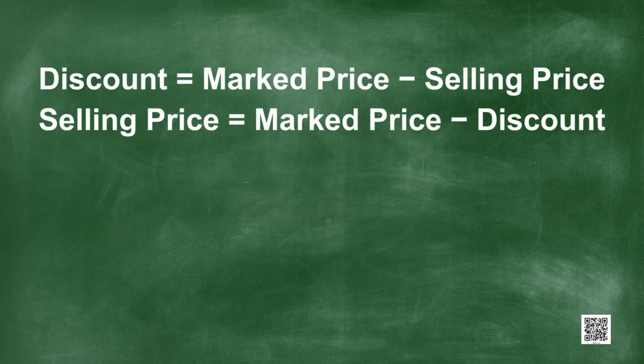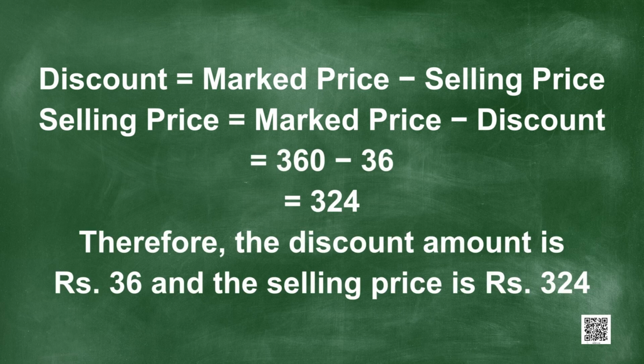Therefore, selling price is equal to marked price minus discount. So, the market price is given to be 360 minus we found the discount to be 36. Therefore, selling price is rupees 324. Therefore, the discount amount is rupees 36 and the selling price is rupees 324.